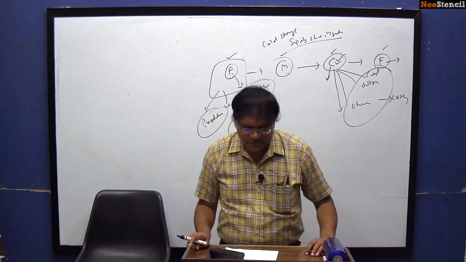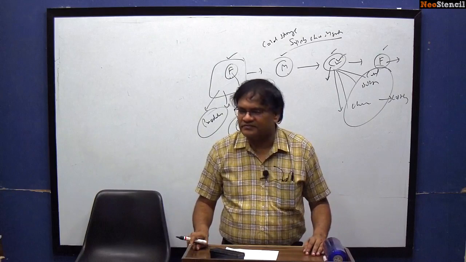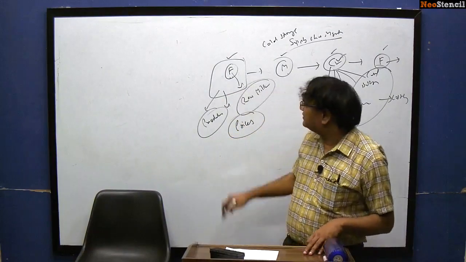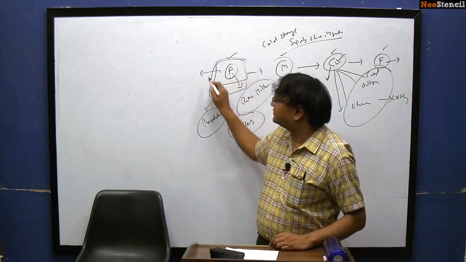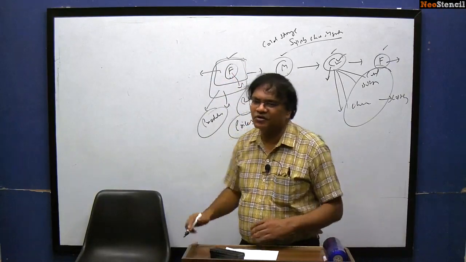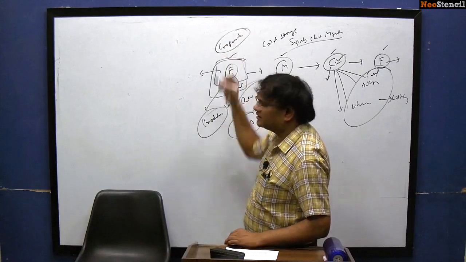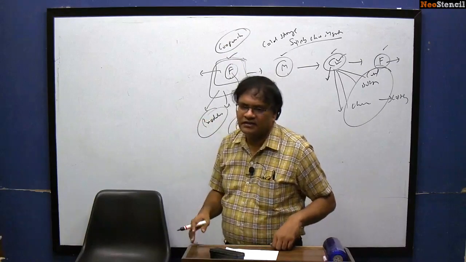Now that we know the problem, what is the solution? First, the government must encourage these farmers to come together and form milk cooperatives, like the one in Anand, Gujarat.